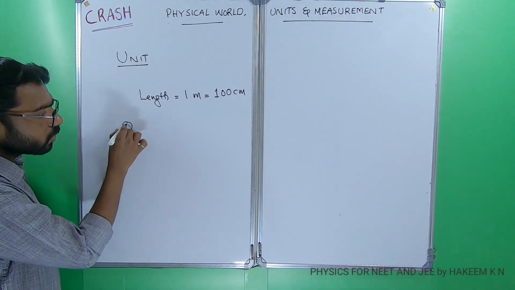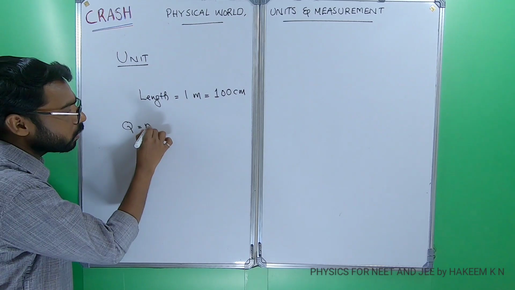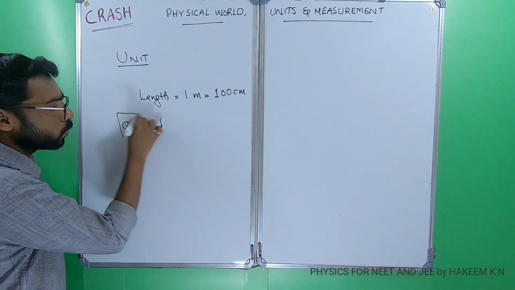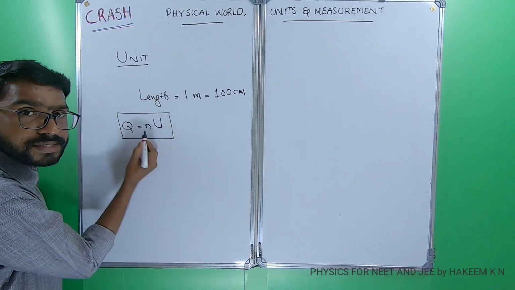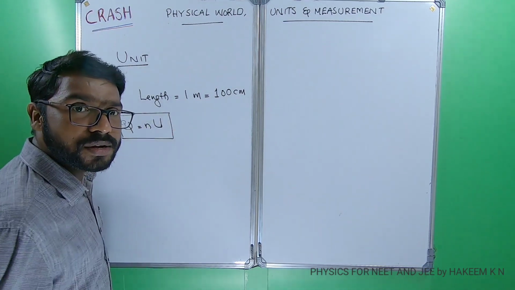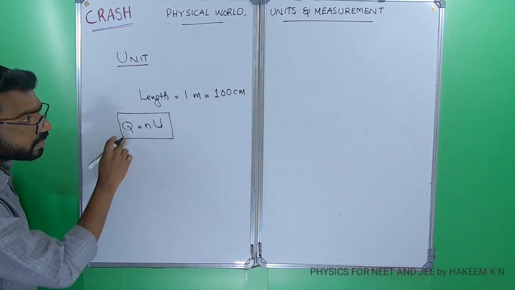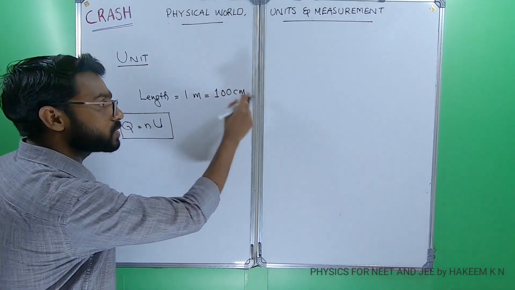So for every physical quantity we can write Q equal to nu, where n is the numerical value and u is the unit. So we can say here 1 meter equal to 100 centimeter.